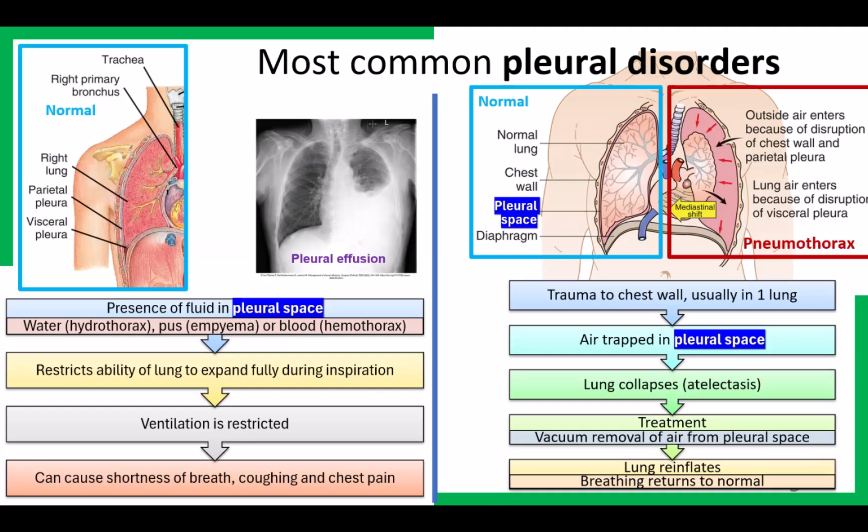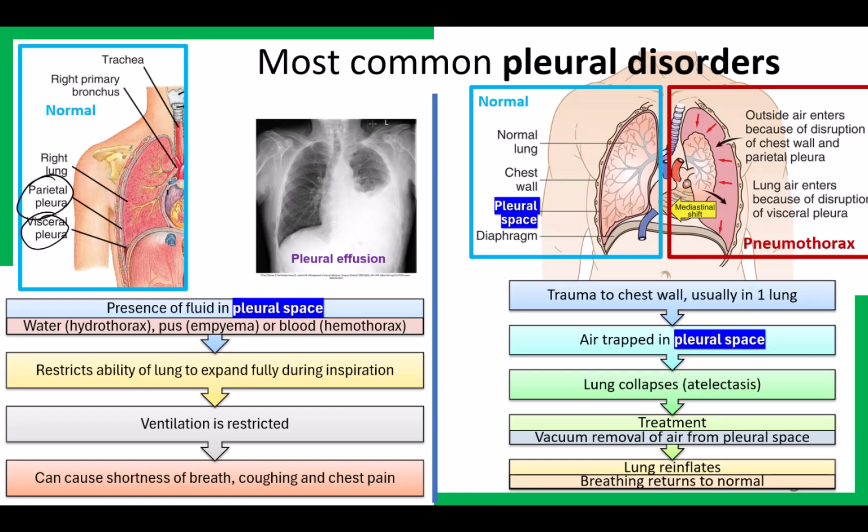We're going to go next on to pleural disorders. So just to remind you, around the lungs, we've got what's called the pleura, right? So we've got the visceral pleura, a layer of connective tissue that's effectively stuck onto the outer surface of the lungs.